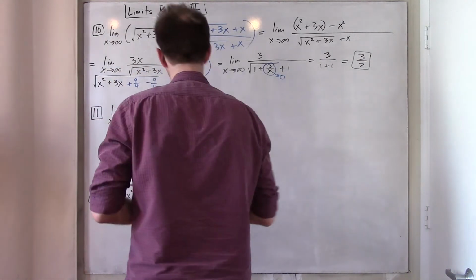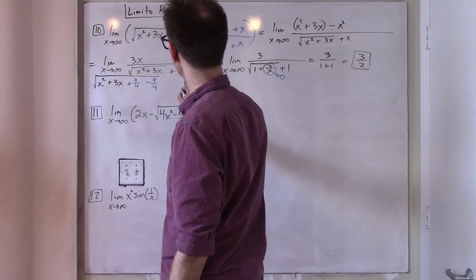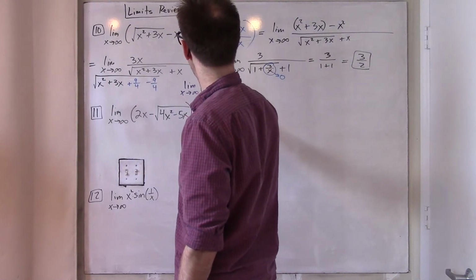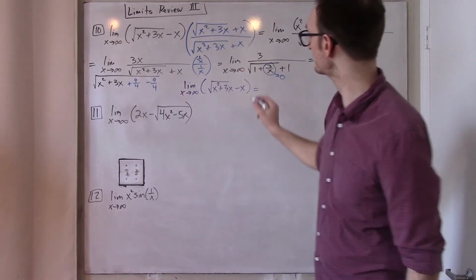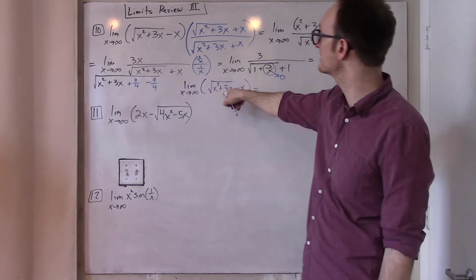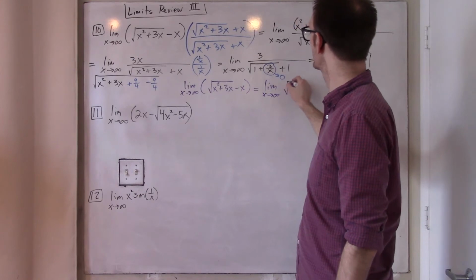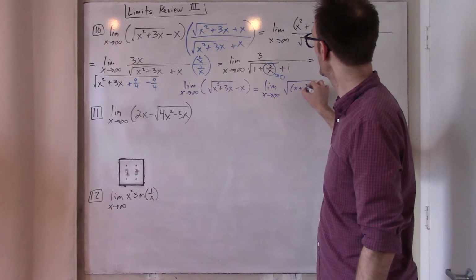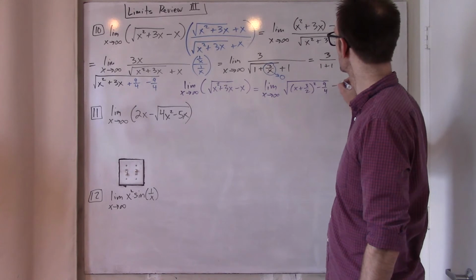Therefore, another way to do this problem, perhaps I'll do it in purple, is to say that the limit as x approaches infinity of the square root of x squared plus 3x minus x is, upon performing an algebraic manipulation of the thing inside the radical, the limit as x approaches infinity of the square root of x plus 3 halves squared minus 9/4, minus x.